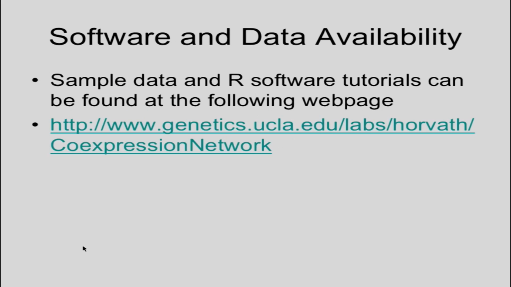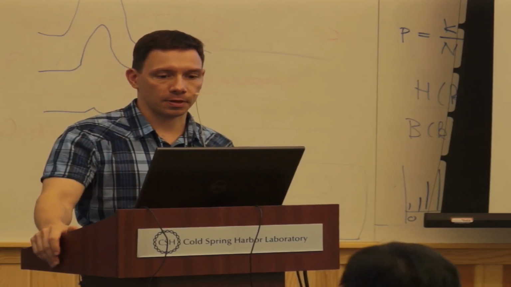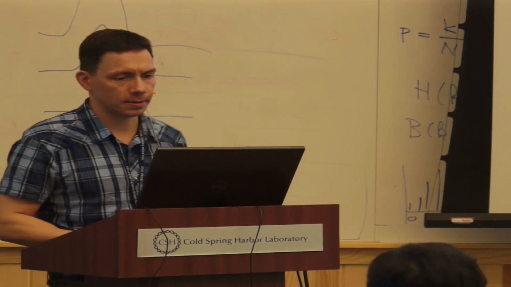So all of the material I presented today is, of course, posted on our webpage, and in particular the software. And so what I will do shortly, I will proceed to a software tutorial where we go through some R code so I show you how to arrive at these figures.